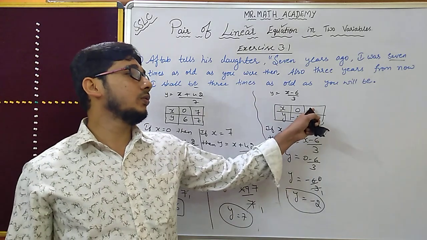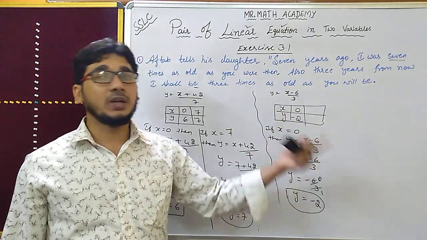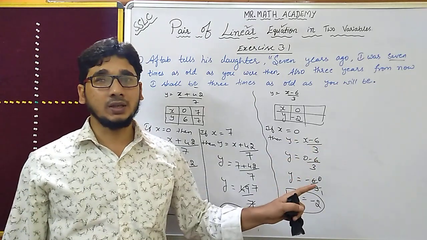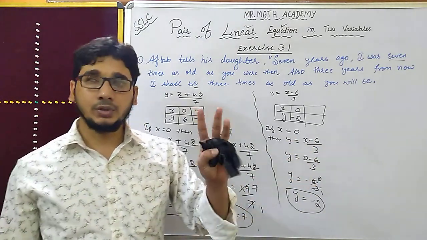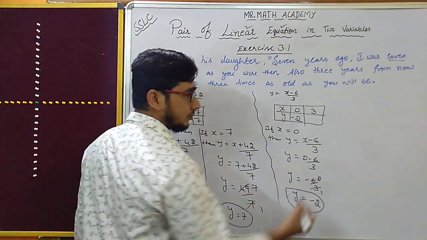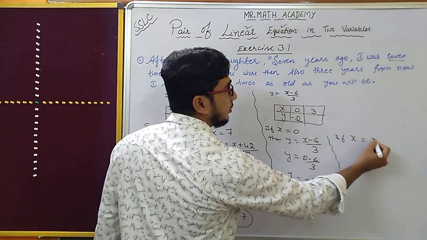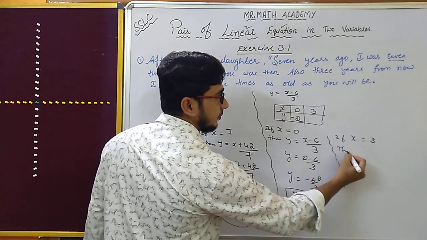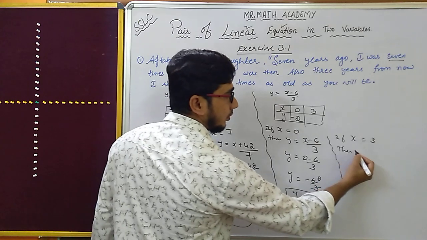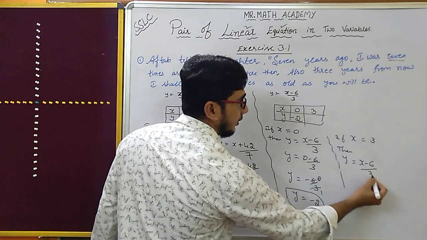Next, what do you want to take? If you take 1, 1 minus 6 is minus 5. Again, it is not divisible by 3. So you take 3. If you take 3, what will happen? If x is equal to 3, then the equation is y is equal to x minus 6 by 3.